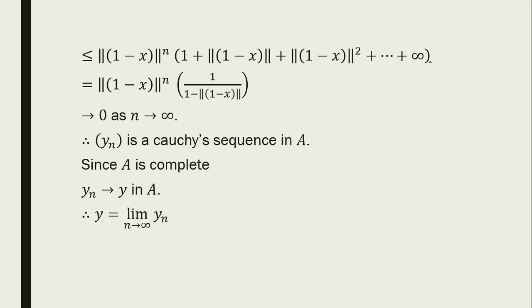This is of the form 1 plus r plus r squared up to infinity, and r is less than 1, so by the formula a upon 1 minus r, a is equal to 1 and 1 minus r is equal to 1 minus norm (1 minus X).